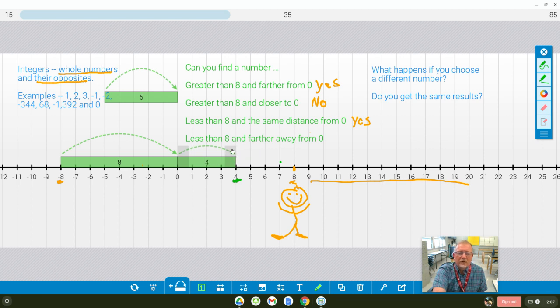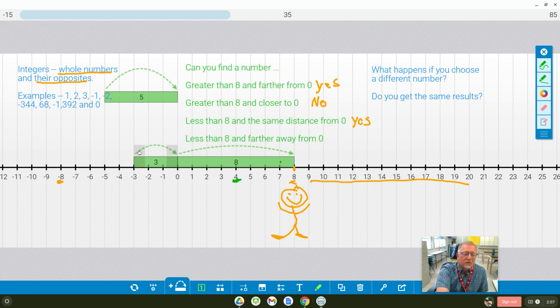It's only 4 away from 0, and 8, of course, is 8 away from 0. So 4 doesn't work. Does that mean no numbers will work? Well, what about 1? Same thing. What about negative 3? Well, negative 3 is only 3 away from 0. It is less than 8, but it's not farther away from 0.